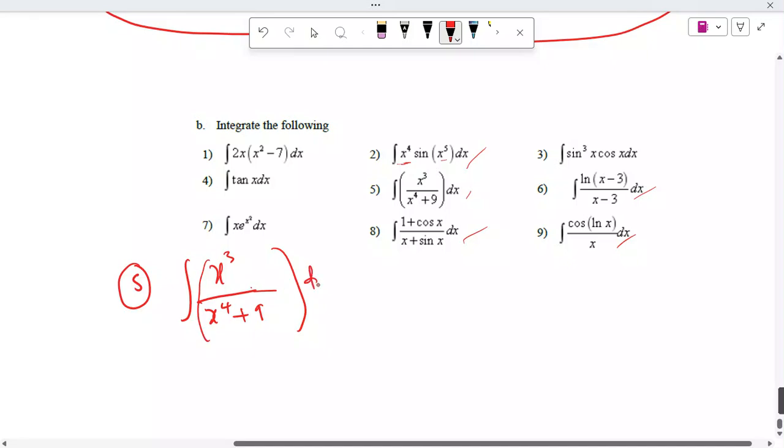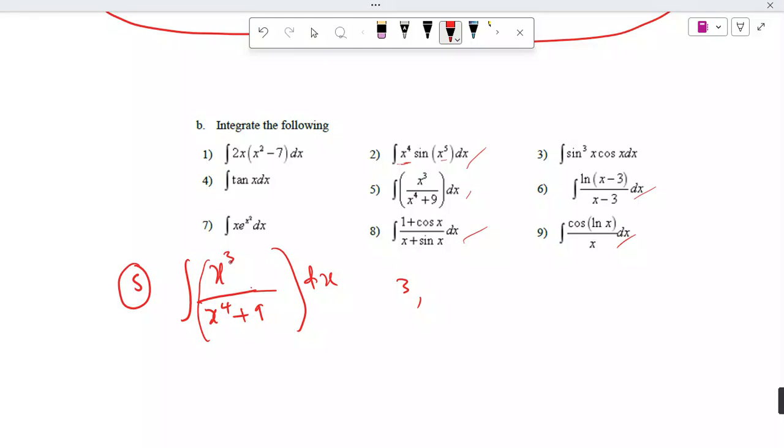This is dx. Okay, so this one also you can check, you can see that x on top here has a power 3, then at the bottom the denominator has a power 4. So you compare the powers of x.